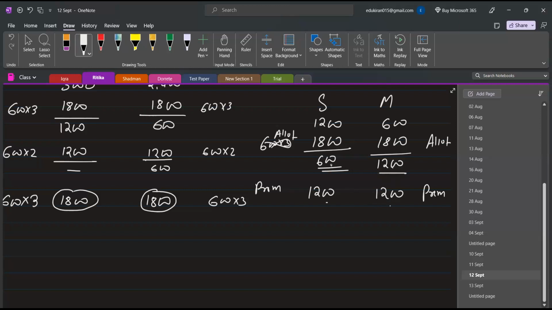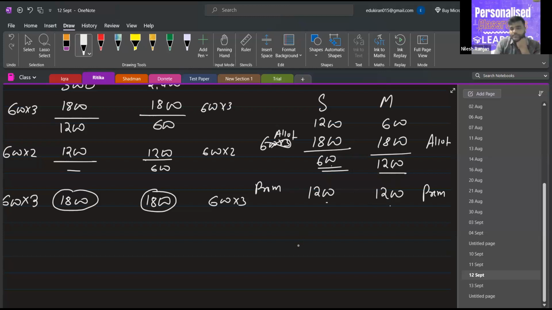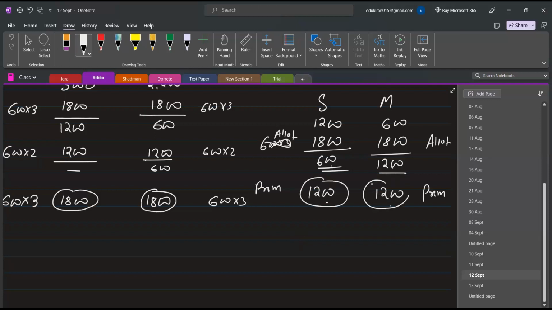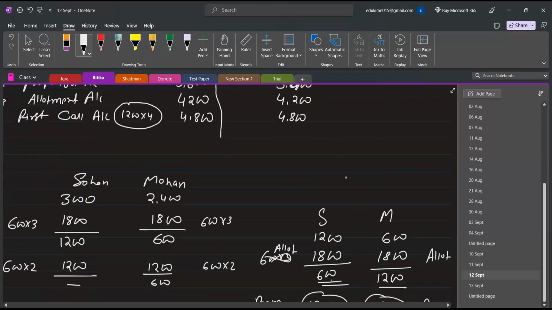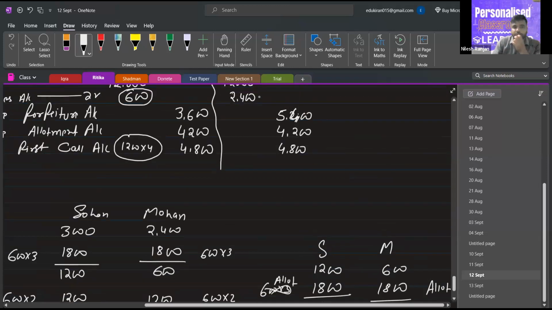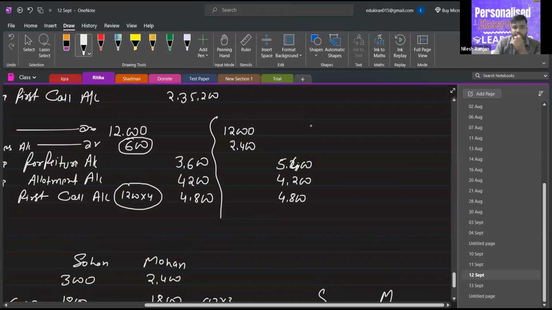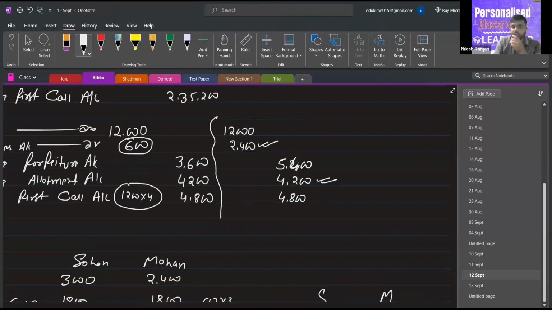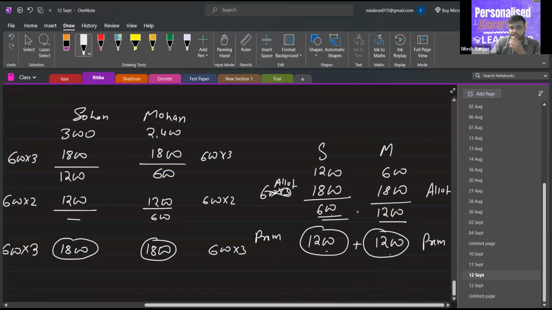And how much premium money have we not received? It is 2400 in total. So 2400 premium we have not received, so it is cancelled. And 4200 on allotment by totaling this.